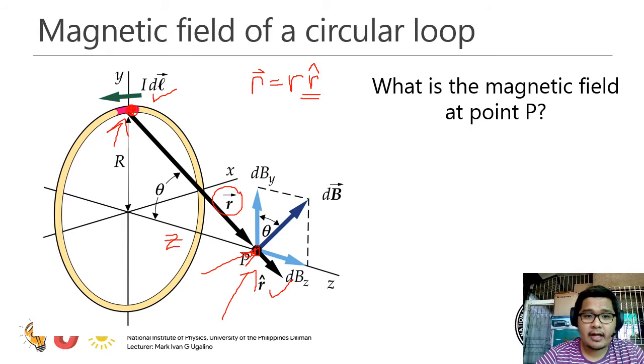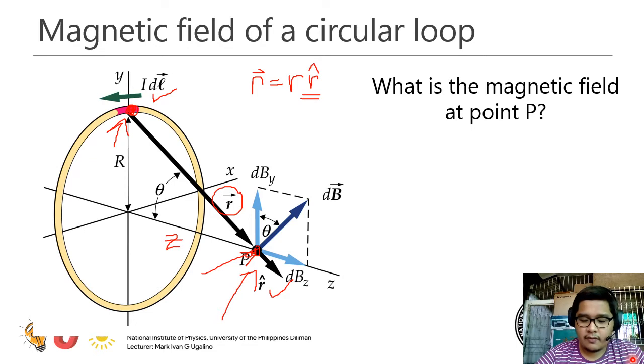So always remember that when setting up the problem. If we are able to obtain what dL is and what r hat is, much of all the calculations will be pretty straightforward.